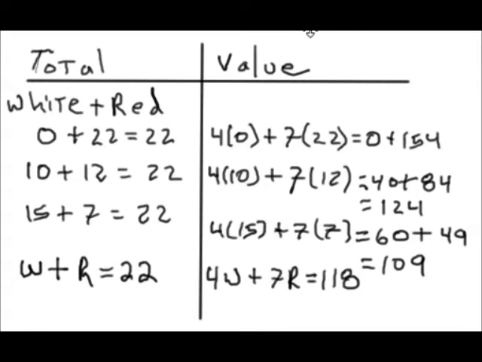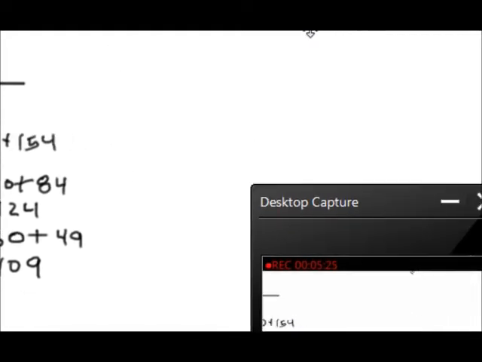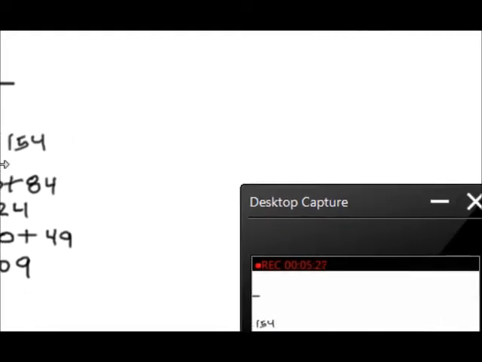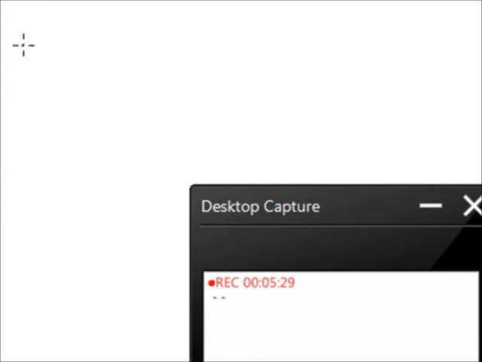So what we could do now is go ahead and solve this system. Let's move this over here. And now we have W plus R is equal to 22, and we have 4W plus 7R is equal to 118.